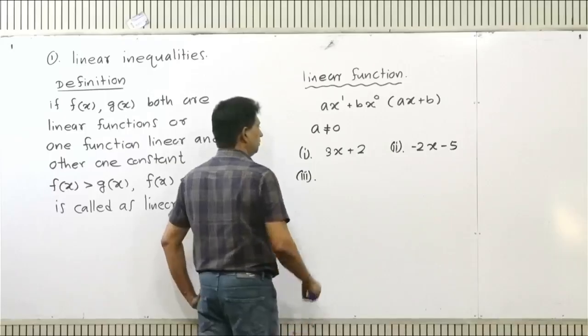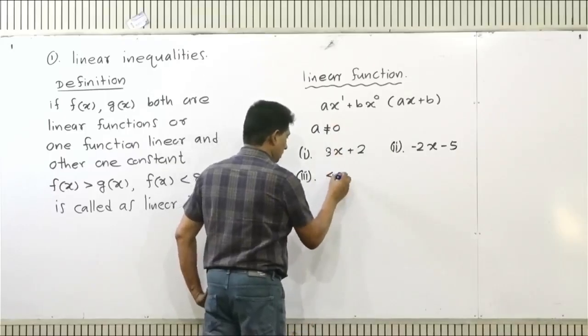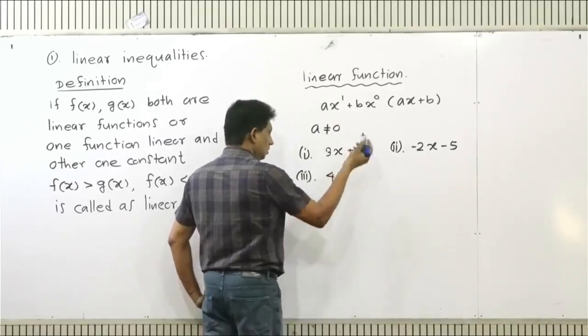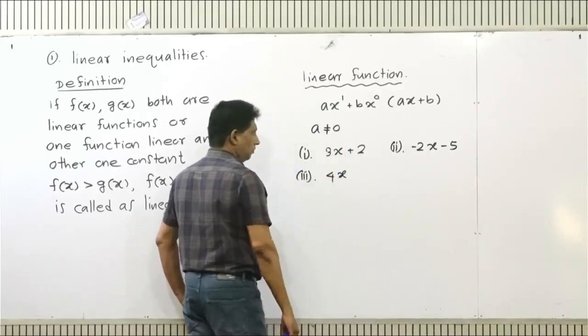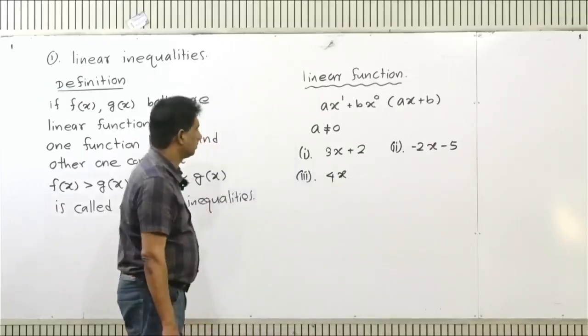Third one, we can substitute for a 4, then 4x. If we substitute for b 0, then this is the linear function 4x.